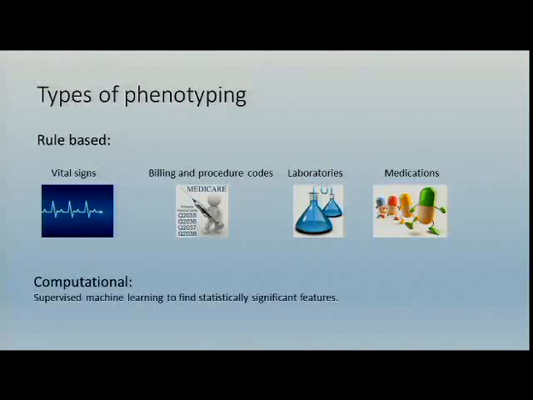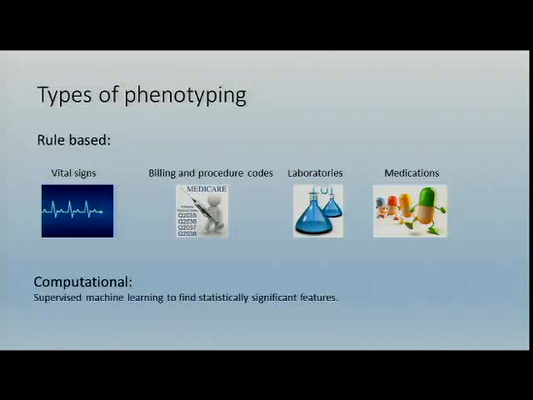So phenotyping has two major ways, broadly defined: rule-based and computational. The rule-based one is where rules are generated based on a number of elements that you can then apply to a whole cohort, and you get your phenotype. So you can say, I will define diabetes as everybody who has hemoglobin A1C above 7.